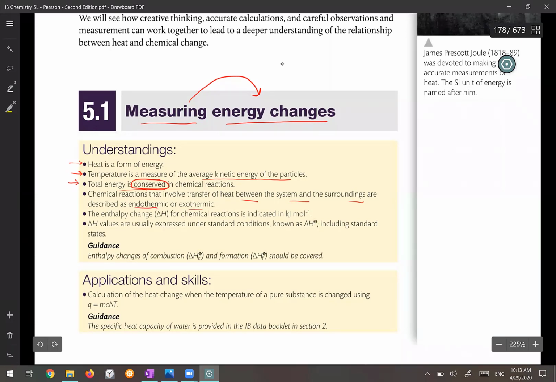Later on, we will talk about endothermic and exothermic reactions. And for measuring this energy change, we introduce a new concept in this chapter, and that is enthalpy of a chemical reaction and its unit, which is kilojoule per mole. So you will be familiar with these concepts.